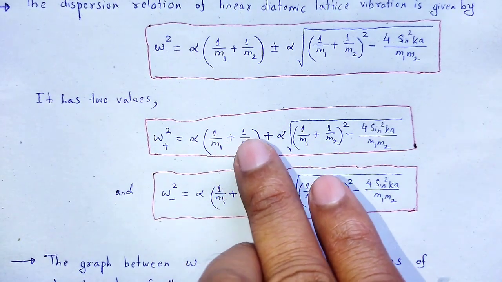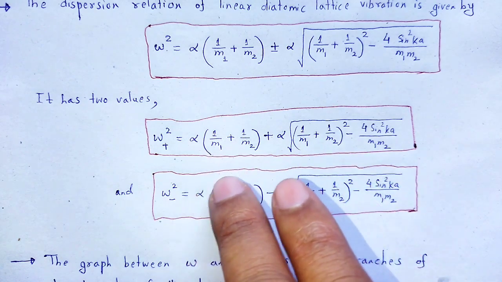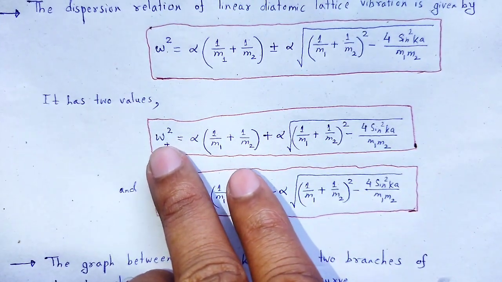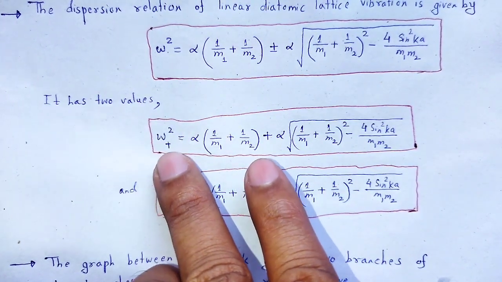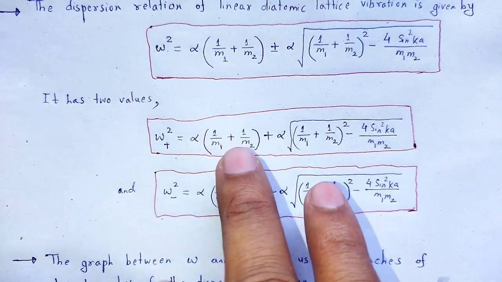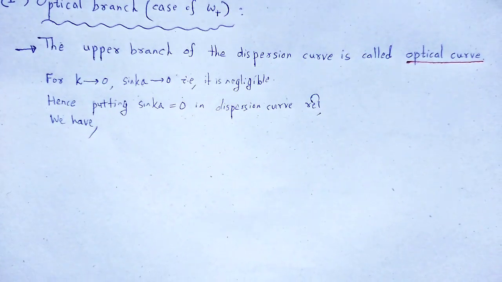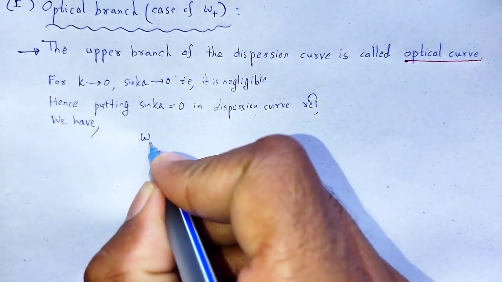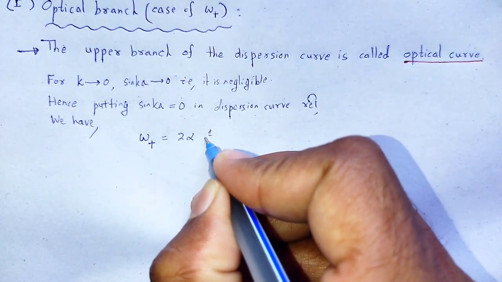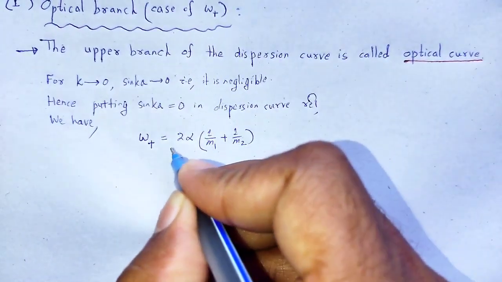Alpha times 1 by m1 plus 1 by m2 plus alpha times 1 by m1 plus 1 by m2 is 2 times alpha times 1 by m1 plus 1 by m2. If we calculate omega plus, it will be under root of 2 alpha 1 by m1 plus 1 by m2. So omega plus is equal to under root of 2 alpha into 1 by m1 plus 1 by m2.